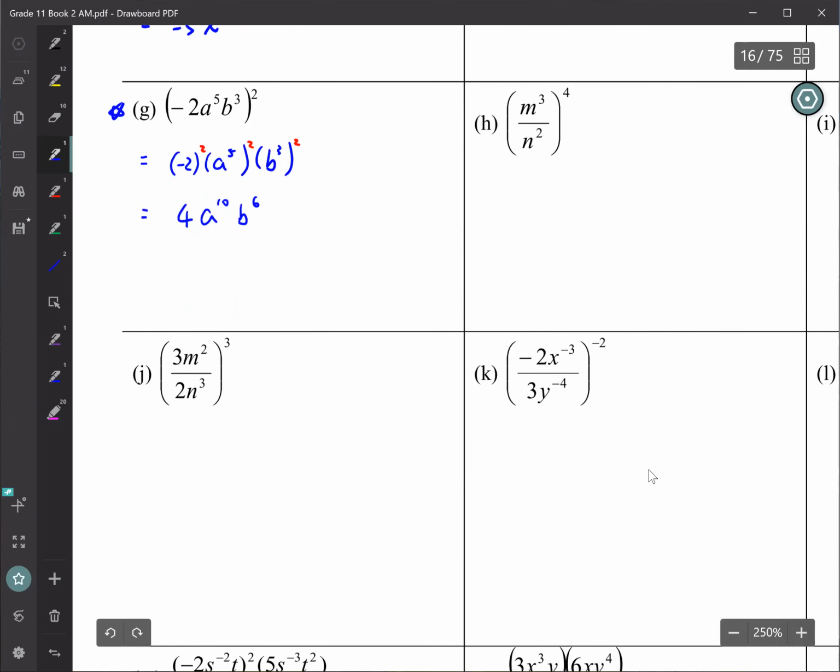Question J. It just has more things to share in. The cube will share with 1, 2, and then 3, and then 4. This one doesn't have any negative sign, so we can just do it in our head. Did you try this? Aaron, have you got it?